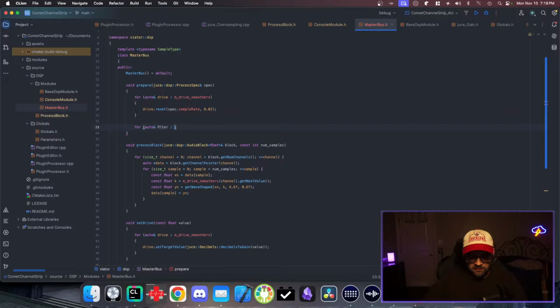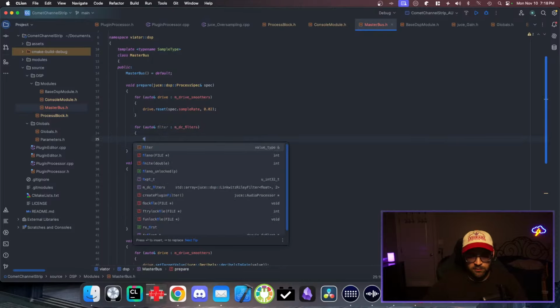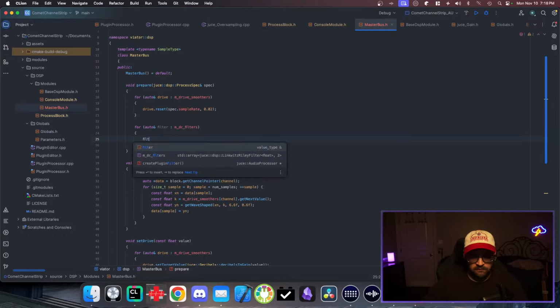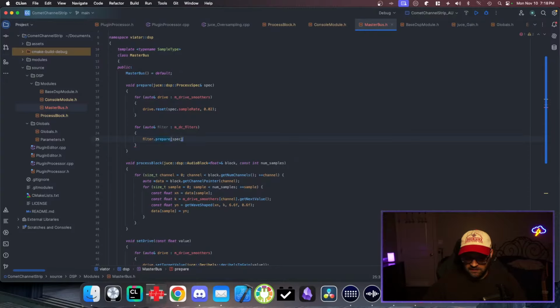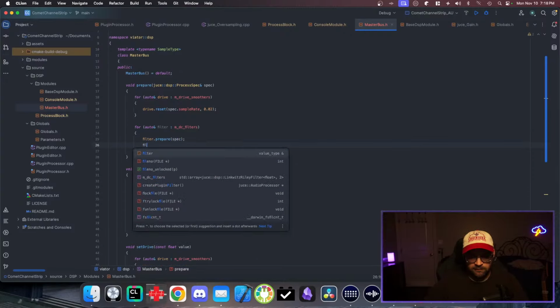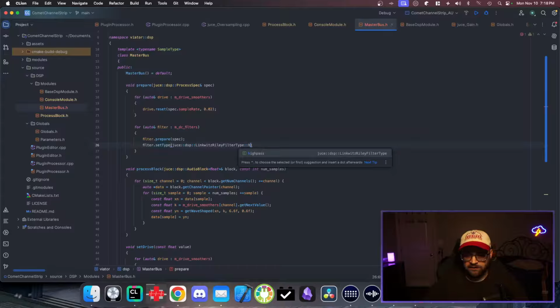For the DC filters, we need to prepare them with the spec, and then we need to also set the filter type, which is going to be high pass.